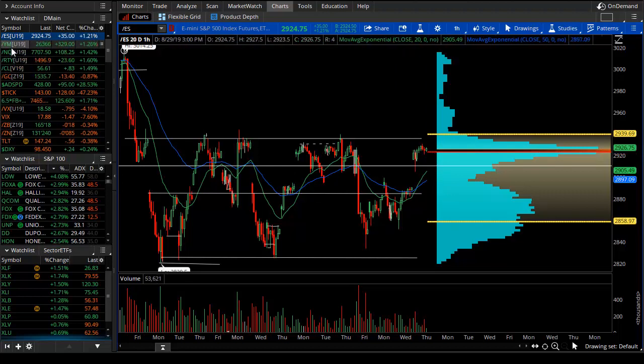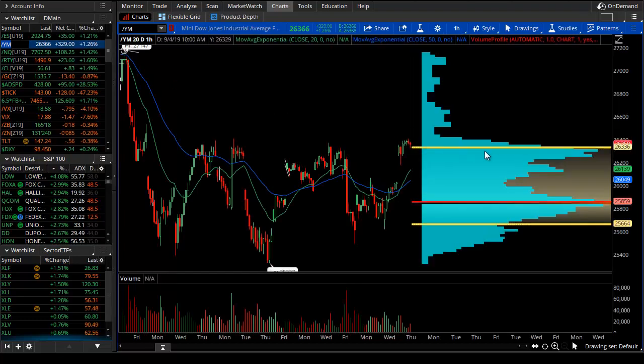The same logic will take place in the Dow futures. There is a hidden pocket above the market, and a visual, we can see it there, pocket beneath the market. So don't so much worry about the red line, worry so much about these higher volume nodes, which indicate chop, and draw your trend lines if you would like.